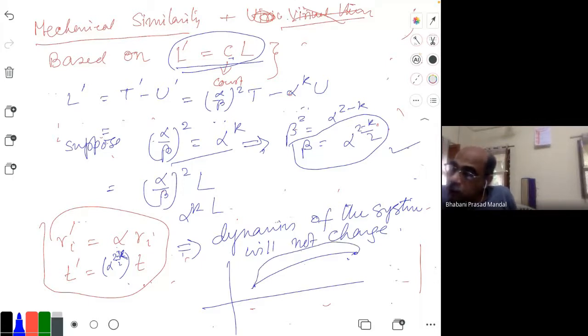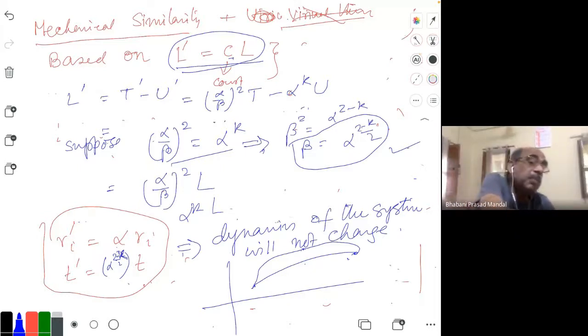If I go to this path with L prime like this, then the dynamics does not change. It has an important consequence that I am going to tell you in the next 10 minutes.